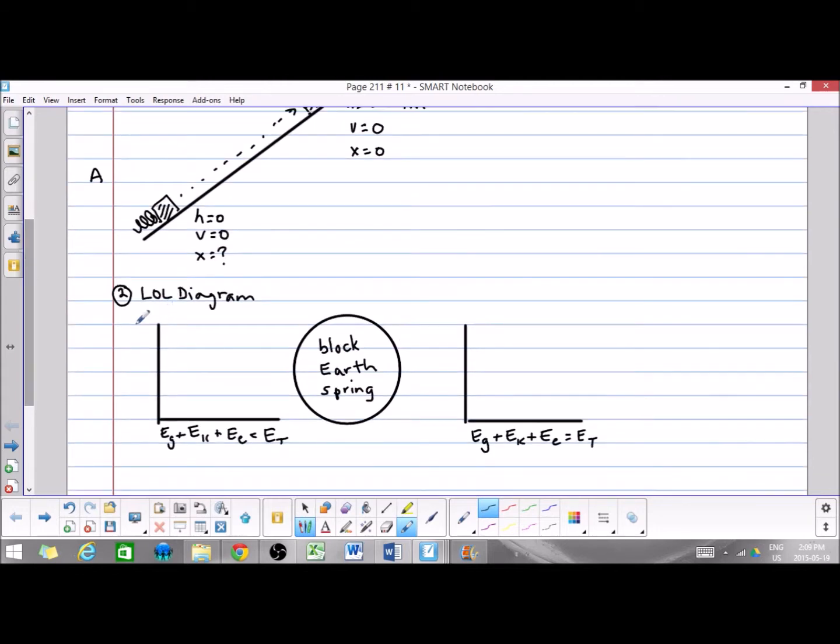At position A, gravitational potential energy is 0. Kinetic energy is 0. So the only type of energy is our elastic potential energy.